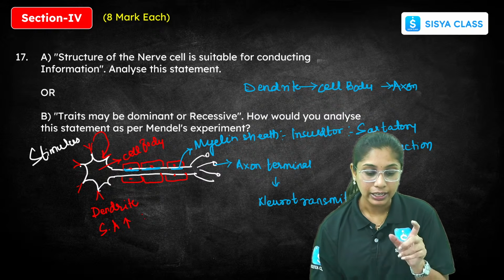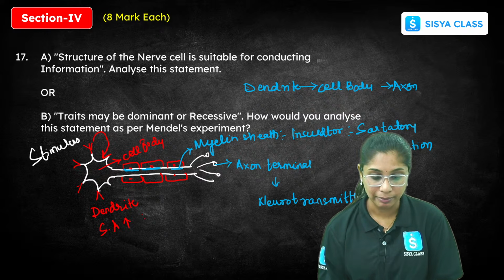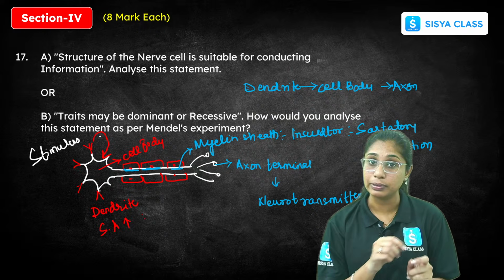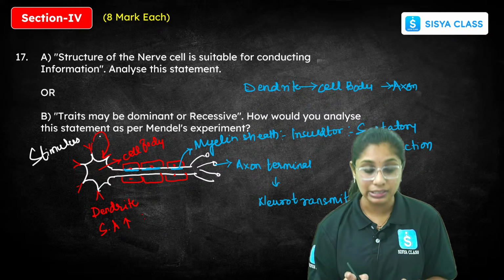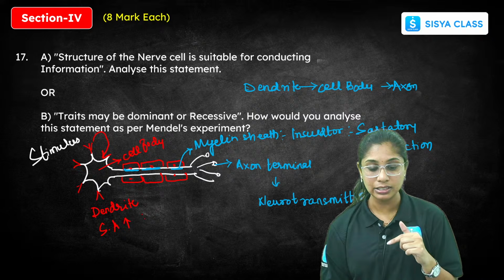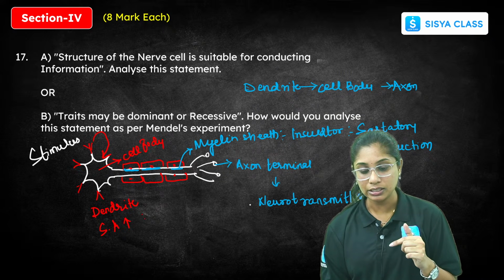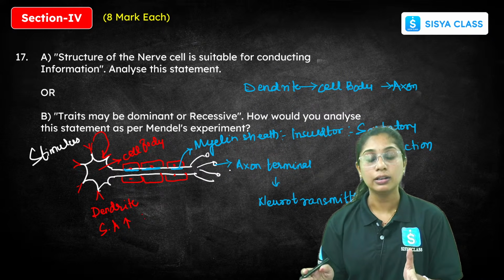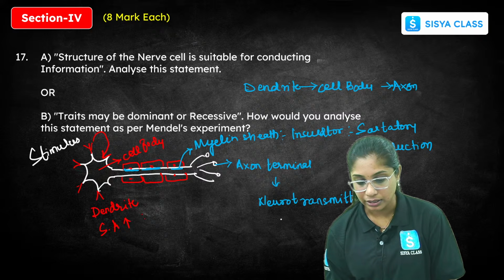Now in the entire neuron, the nerve impulse is transmitted in the form of electrical signals. When it reaches the axon terminal, it triggers the release of chemicals, and they cross the synapse and move to the next neuron.